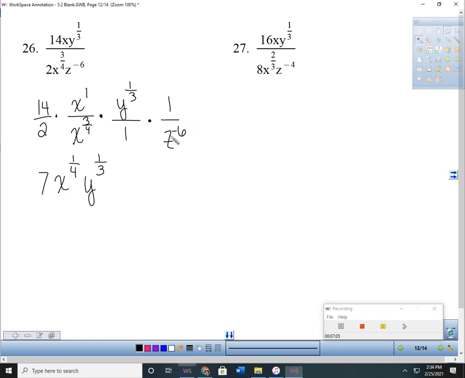But here I have this negative exponent. Well, if I take 1 and I raise it to any exponent, it comes out to be 1, right? So I could think of this as 1 over z raised to the negative 6th. And how do I make that not negative? I flip this, right? So now I have z to the 6th power.